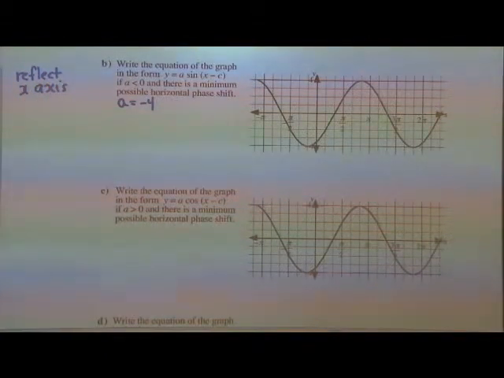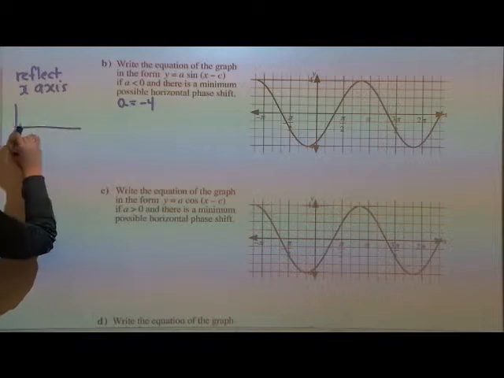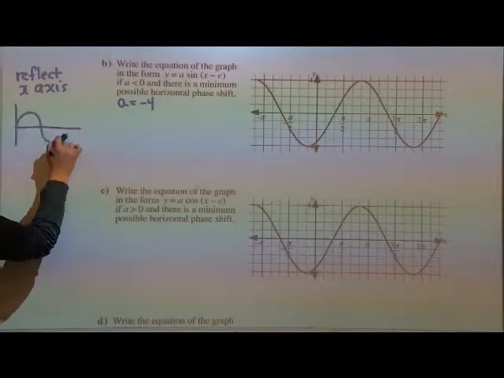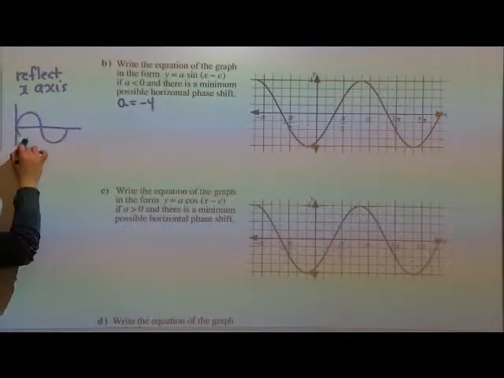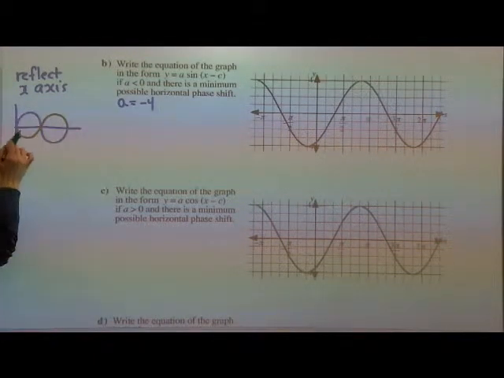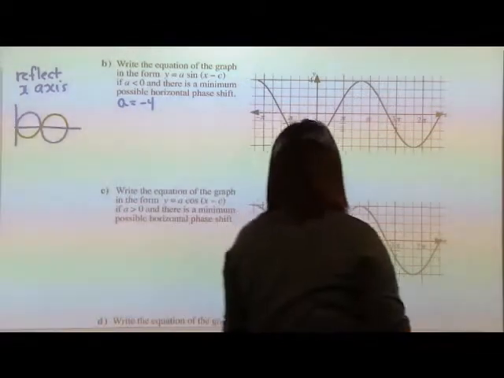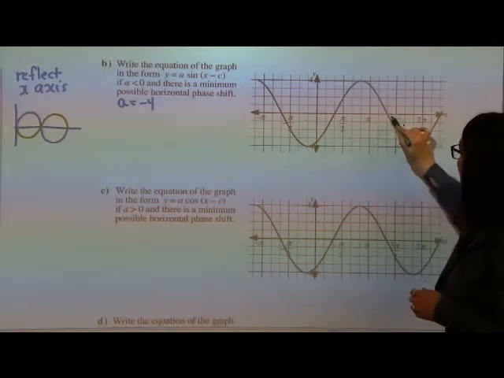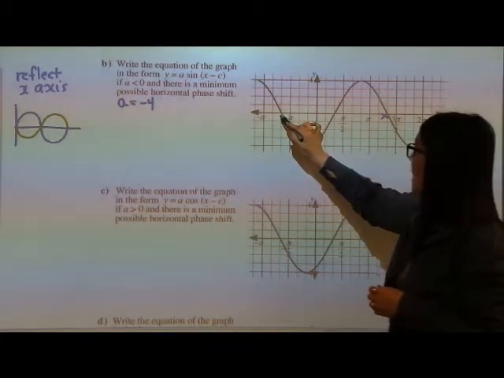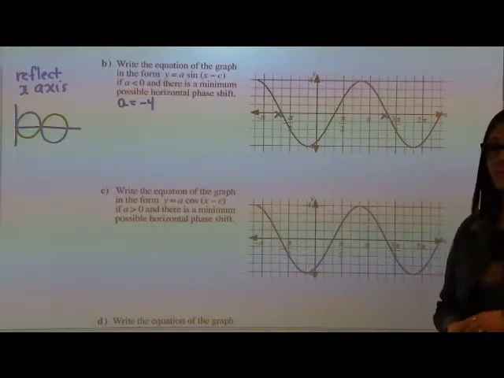Okay. This is important because this is going to help me with my phase shift. Because remember, what does sine x look like? Looks like that. If I reflect it in the x-axis, it's now going to look like this. So it starts off by going down. So if I look on my graph, where does it start to go down? Right here and right here.